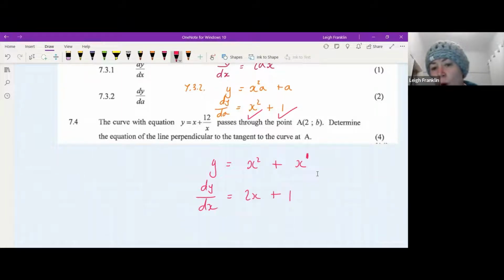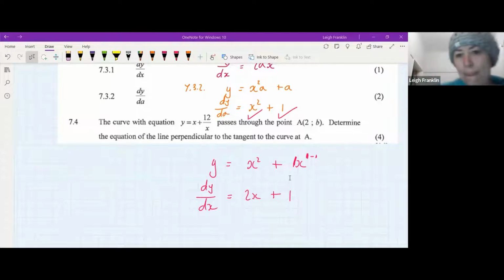Because you'd say 1 times the 1 in front, and then you're going to end up taking 1 away, so it's going to be 1 times x to the power of 0, which would just be 1. It's the same story with this. You're differentiating y with respect to a, not with respect to x. So that's why it has to be plus 1. Does that make sense? So it's like the a is the x in 7.3.2.